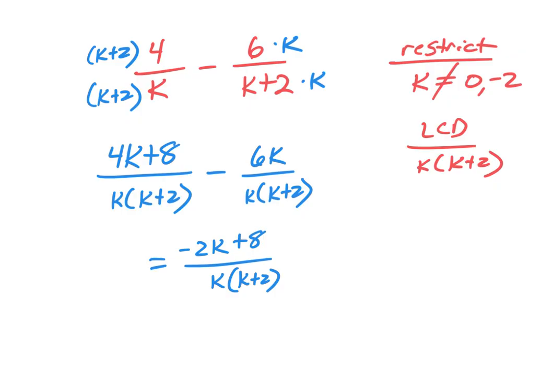Okay. And a lot of times we'll be done here, but I do want to show you one thing. And you got to check this just in case. As I look at the top, what do these two terms have in common? I got a 2. And not only a 2, I'm going to go ahead and take a negative 2 out. And 8 divided by negative 2 would be a minus 4.